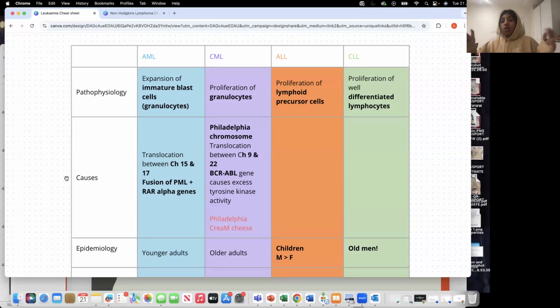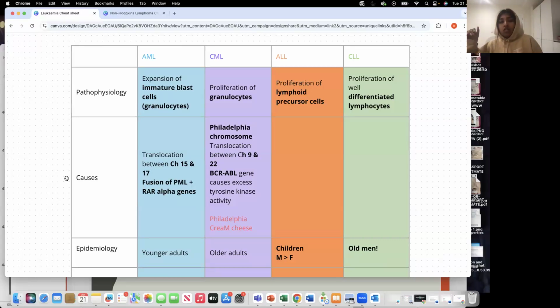If you see more differentiated cells, or no immature cells, or mostly mature cells, then it's more likely to be a chronic leukemia because they've had time to mature. And so the cells that will be proliferating are the well differentiated and the more mature cells.